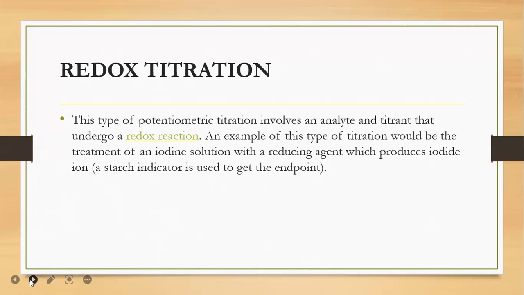So a redox titration is a titration in which the analyte and titrant react through an oxidation-reduction reaction, as in acid-base titrations. The endpoint of redox titrations is often detected using an indicator. So next.